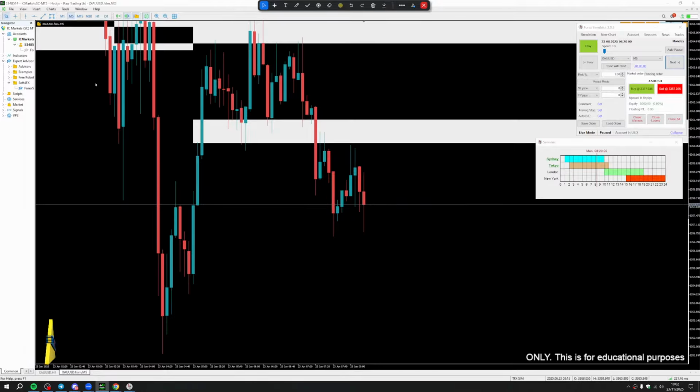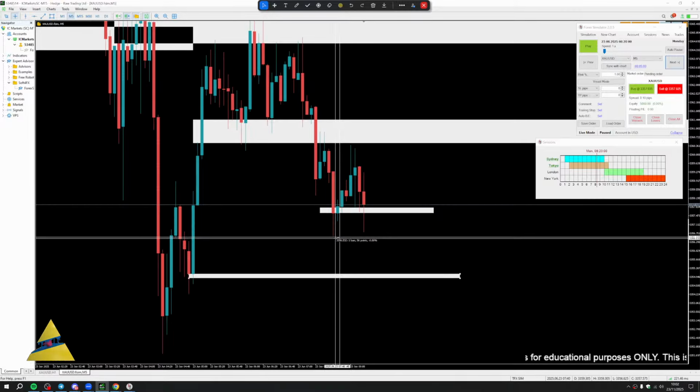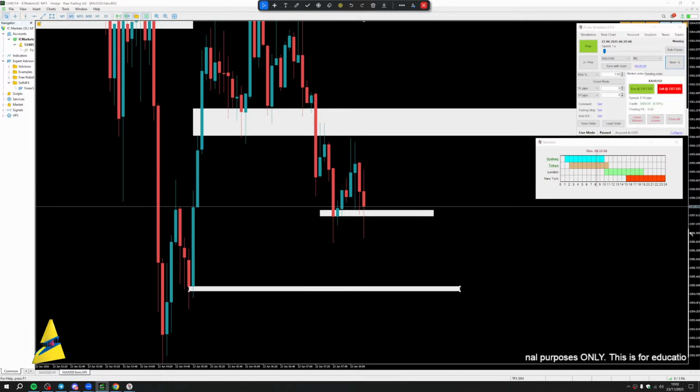Gonna delete this one, and then we're gonna draw a zone right over here. From here to here on the 5-minute time frame, we're looking at roughly how many pips is this? Is that 155, or about 155 pips towards the downside there?